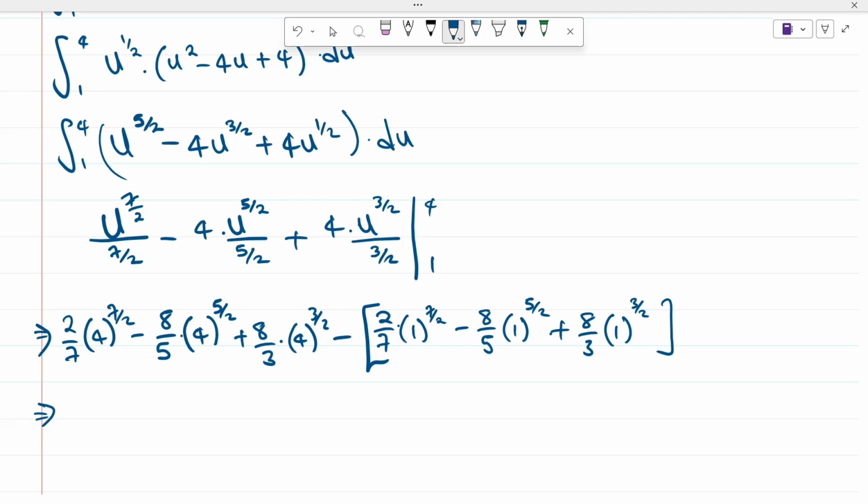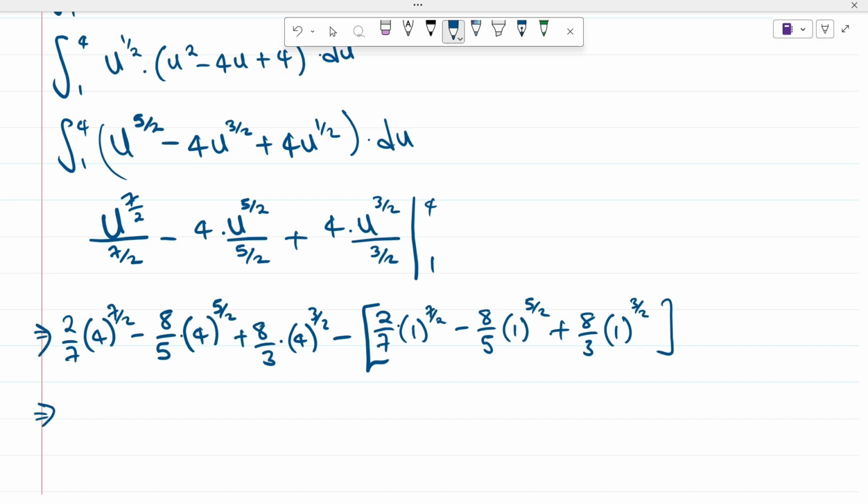So now I'm punching on my calculator 2 over 7, I put my 4 to the power of 7 over 2, minus 8 over 5 into 4 to the power of 5 over 2, plus 8 over 3 times 4 to the power of 3 over 2, minus 2 over 7, plus 8 over 5, and then plus 8 over 3.